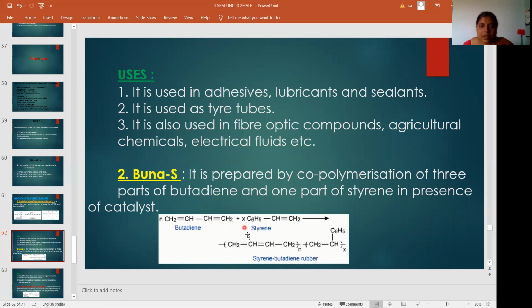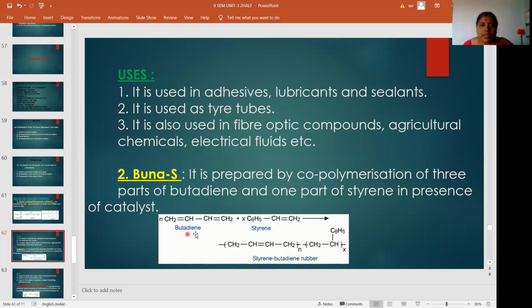It is reacting with styrene. Already we saw polystyrene. In styrene, from the ethylene group we remove one hydrogen and keep the benzene ring, C6H5. So this is the styrene molecule. It is also undergoing copolymerization. The double bond shifts to the middle, and this bond will go and attack here, so this double bond will break. Very simple.